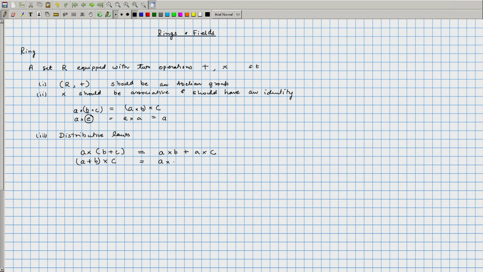So, this will be equal to A times C plus B times C. Okay. So, if you have a set equipped with two operations which behave in this manner, then that is called a ring.